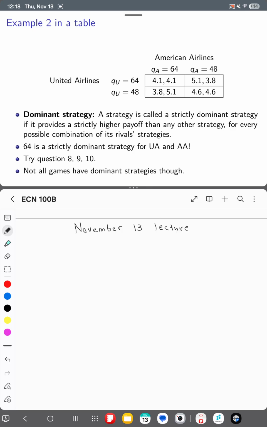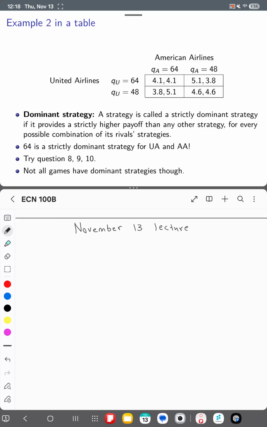So this was an example where there are two firms, United Airlines and American Airlines. They're trying to decide how many thousands of passengers to fly each quarter, which is what you see as their actions. Remember, to describe a game, I need three things. I need to tell you who the players are, and here the players are United Airlines and American Airlines. I need to tell you what their actions are.